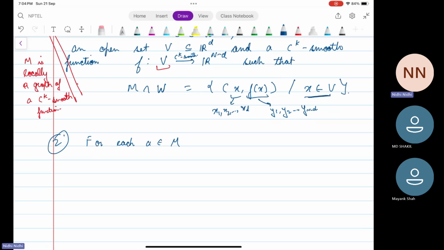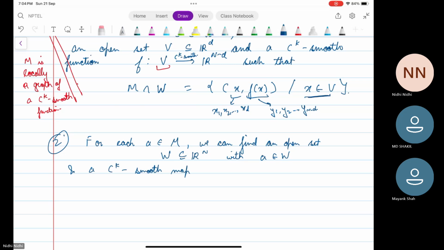At each A in M, we can find an open set W in Rn with A belonging to W. Again, W is some other set containing an element of the set M, and there exists a CK smooth map G defined on this W to R^(n minus d), such that M intersection W is the level set of G at 0.